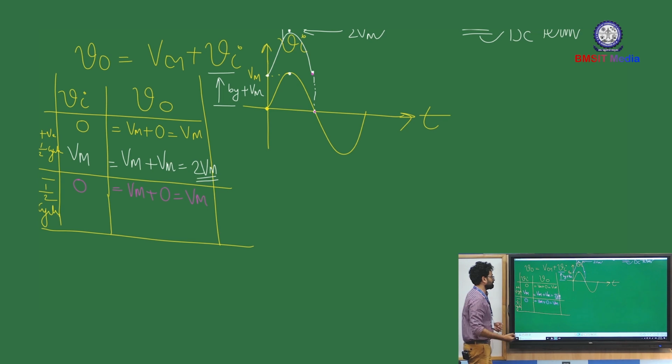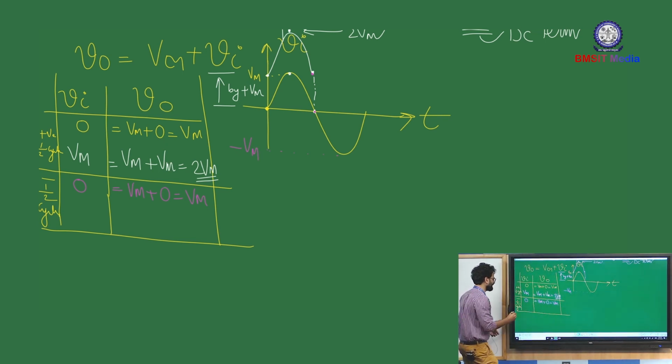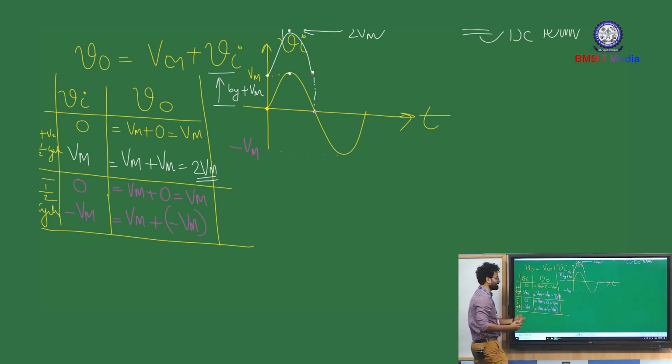And when your input reaches minus Vm in the negative direction, what will be the status of the output? The output is going to be Vm plus Vi, and Vi is at the minus Vm level. So plus Vm minus Vm leads to 0 volts.